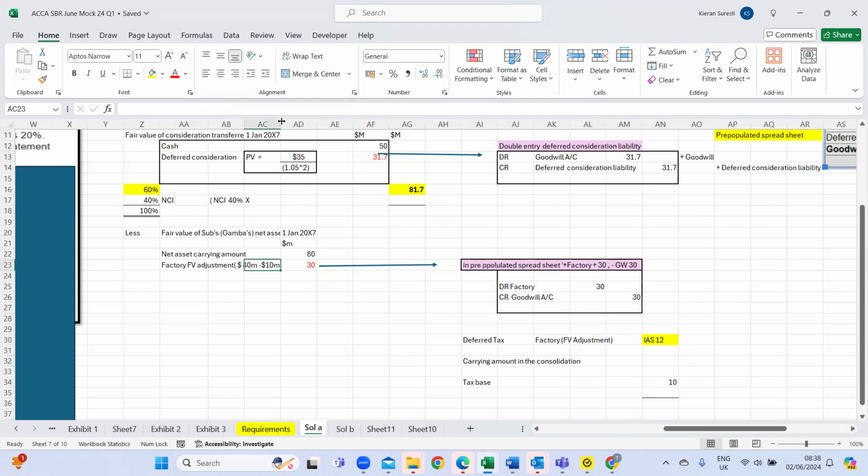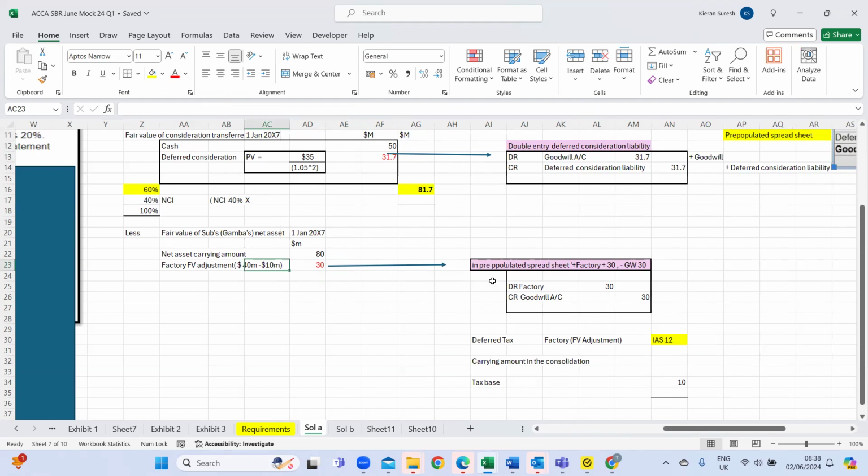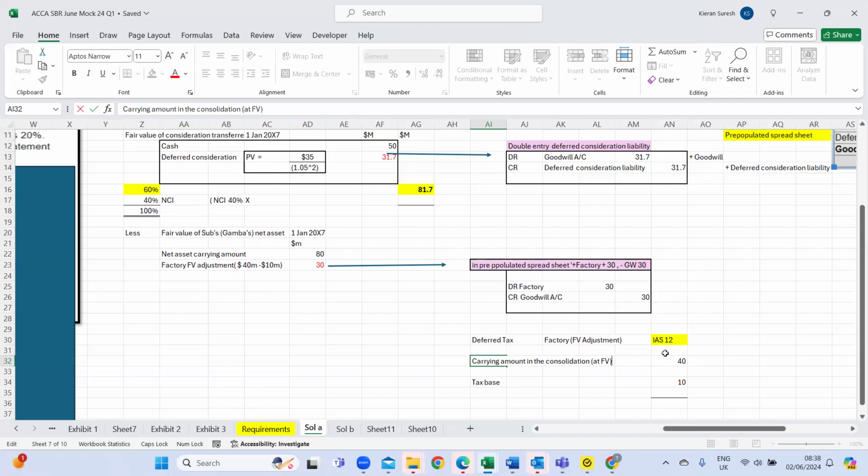They said 10 million was what the tax base was, and they would only have to record 10 million. But what figure was recorded in the consolidation? We have recorded it at the fair value. When I say carrying amount, the carrying amount for the consolidation is actually the fair value. The subsidiary's asset we record at the fair value. So there is a difference.